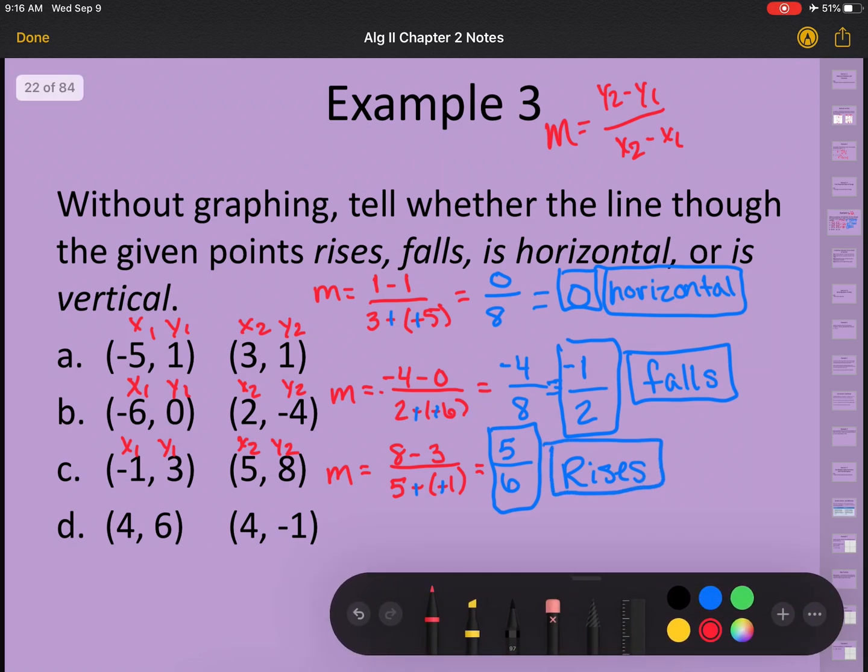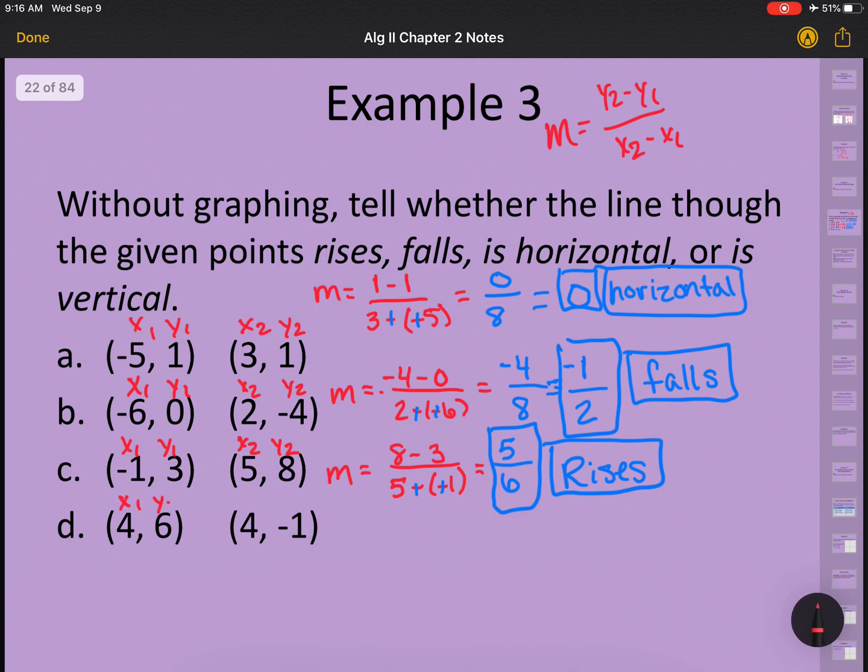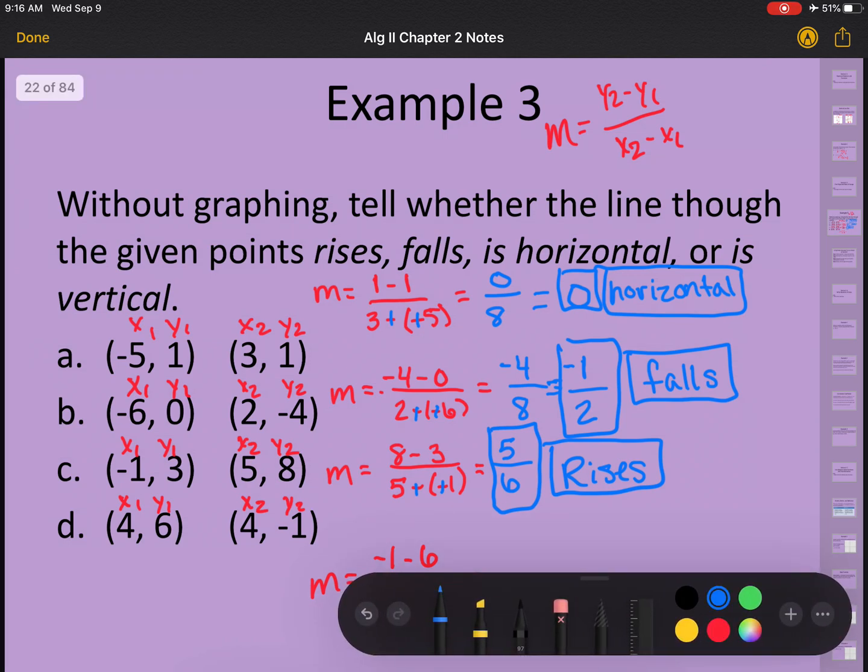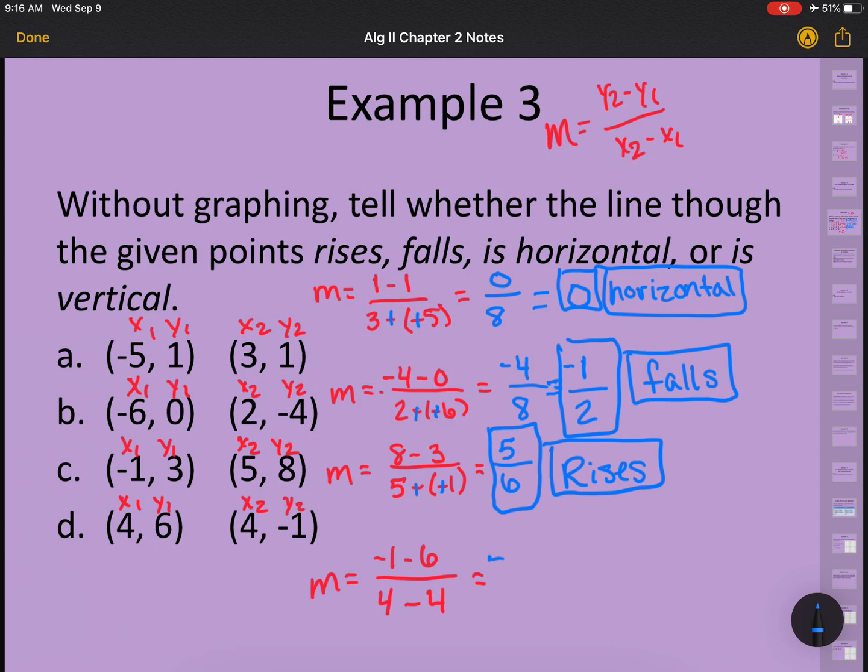And then here in the last one, x1, y1, x2, y2. Well, y2, excuse me, is negative 1. Subtract out y1, which is 6. x2 is 4. Subtract out x1, which is 4. Well, negative 1 minus 6 more is negative 7.